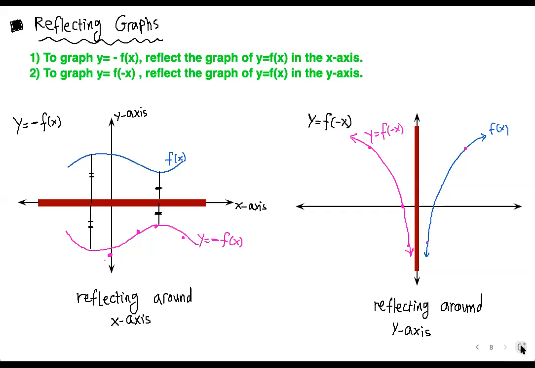So let's give an example. So the example now: graph the function. First one, f of x equal minus x squared.